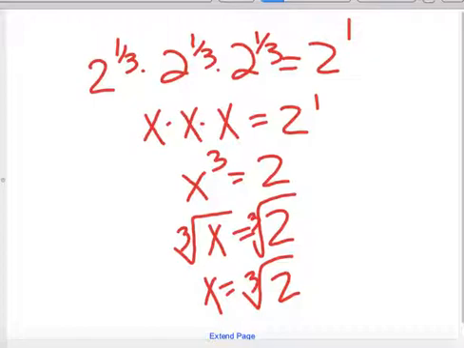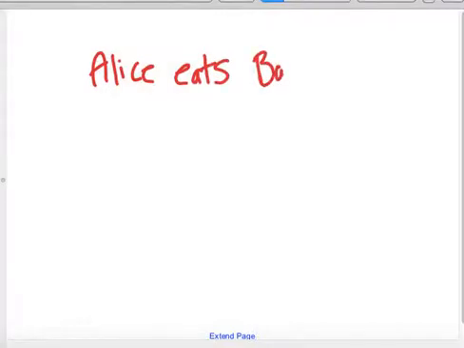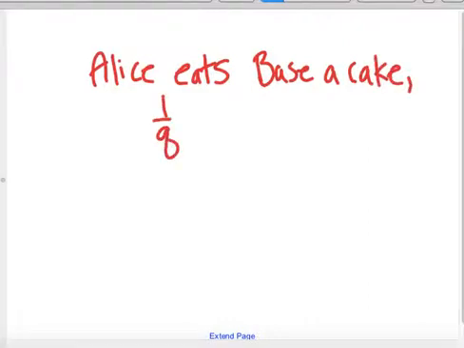And so we need to generalize this. If Alice eats a base A cake, and she's going to have 1/q ounces of this base A cake, so this fractional portion of a cake is a unit fraction, and we know that the numerator is a 1.